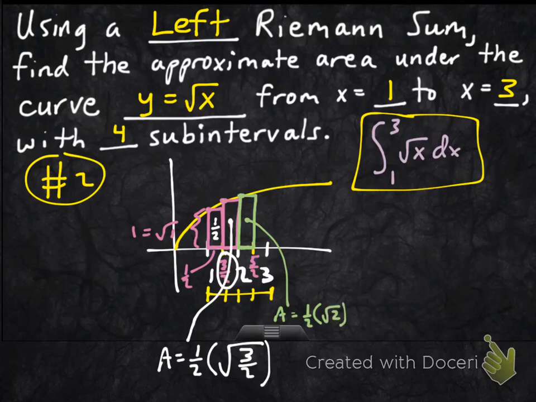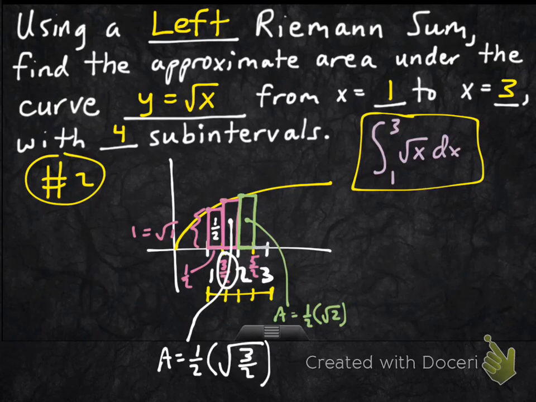Okay, and now we only have one more rectangle to draw, and this does become very, very tedious. I do understand that, but nevertheless, it's a good exercise to go through and understand how we get Riemann sums.